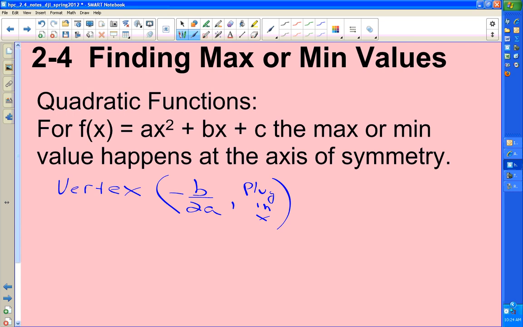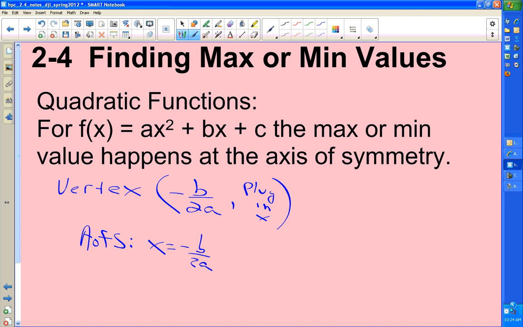You're certainly welcome to find the functions in standard form. However, you'll see that we have another option. And if you needed it, which you don't, the axis of symmetry is through the vertex, so it's x equals the opposite of b over 2a.